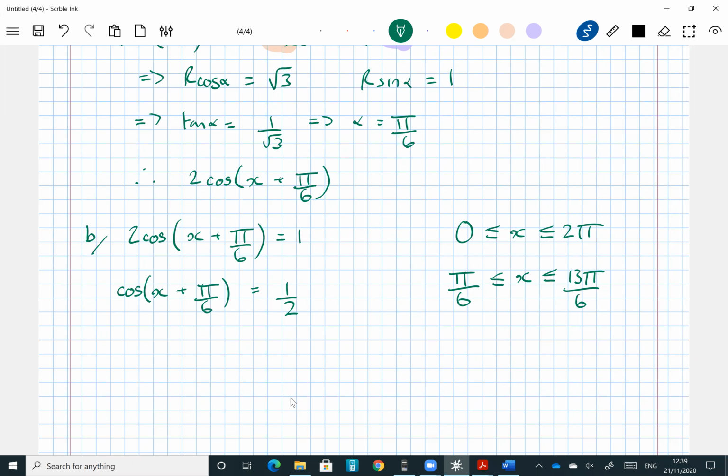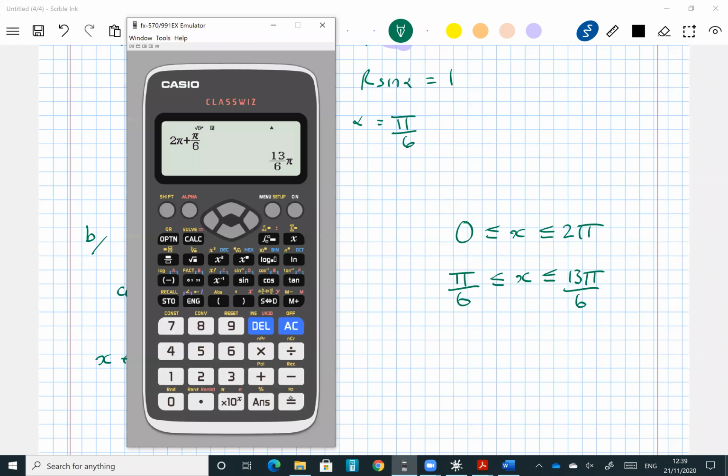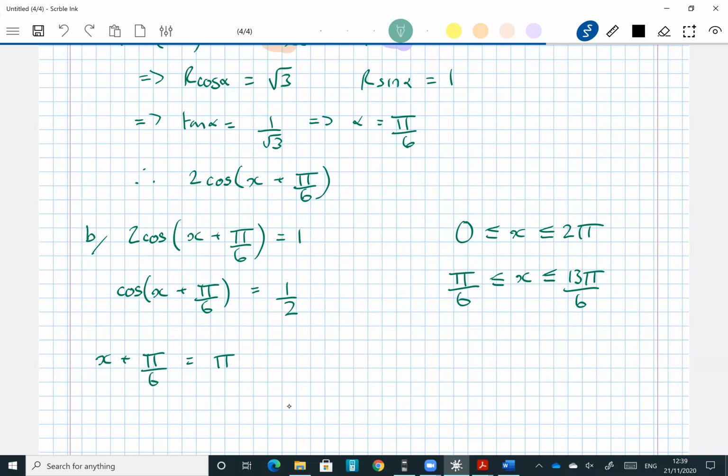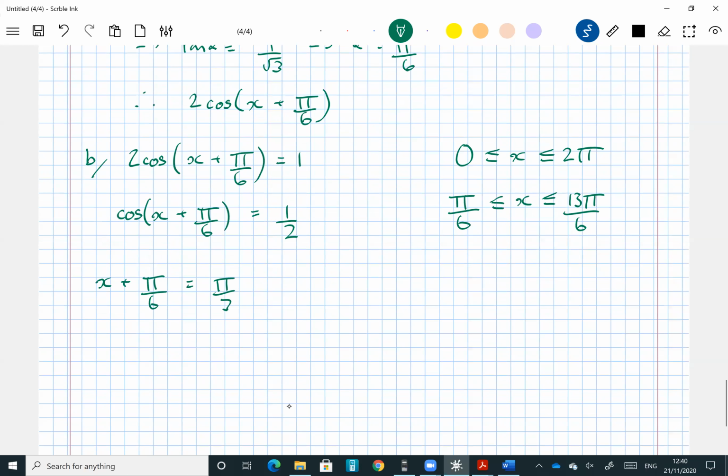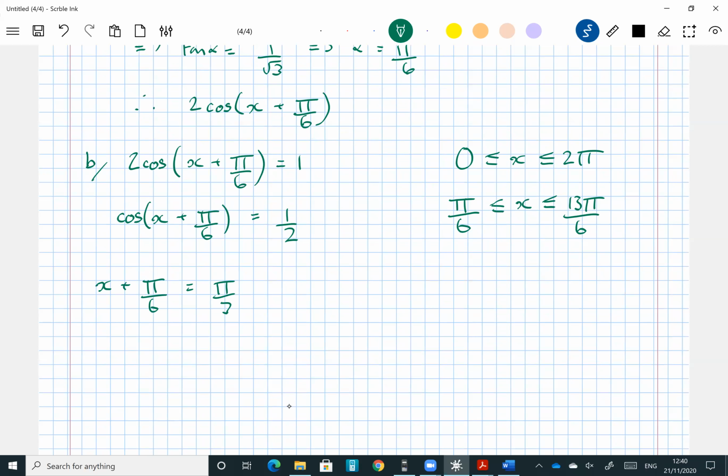If we arc cos both sides, we get x plus pi over 6 equals, and let's arc cos 1/2, which is 1/3 pi. So whatever you do, as I told you in the trig lesson, don't take pi over 6 yet. We want to find the multiple solutions that match with pi over 3. So rough diagram, cos graph, not between 0 and 2 pi, between pi over 6 and 13 pi over 6.